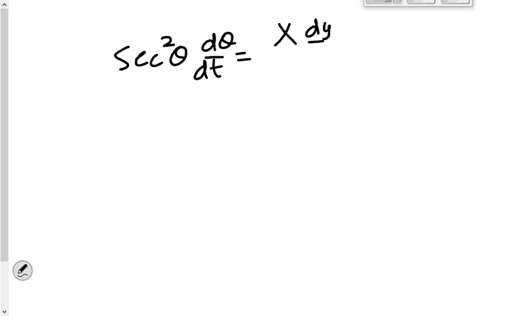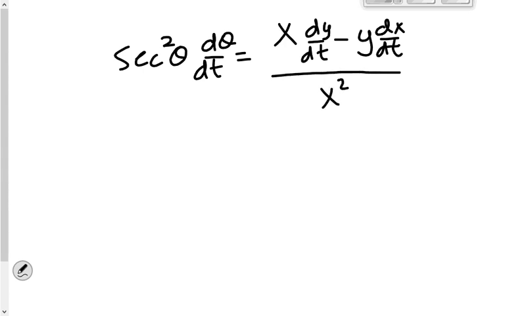Okay. I need a new page here. All right, so we had that secant squared theta d theta/dt was equal to x dy/dt minus y dx/dt all over x squared.